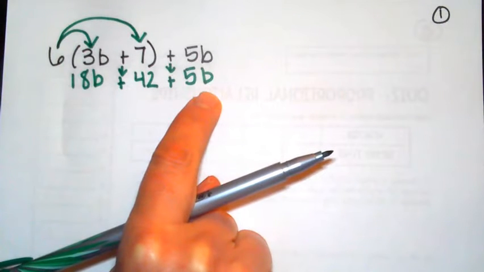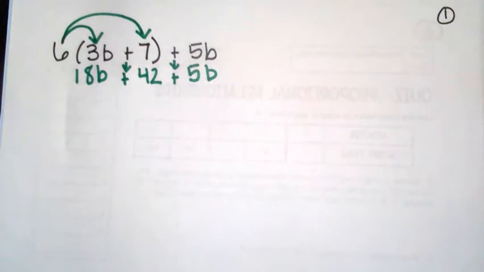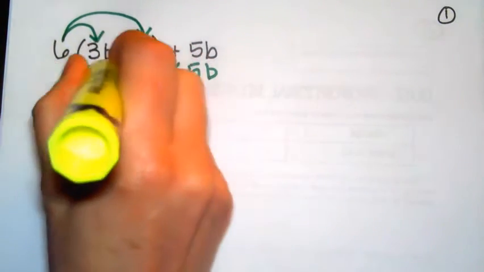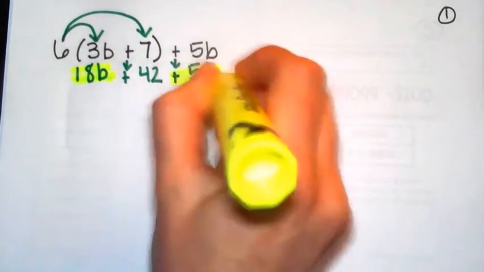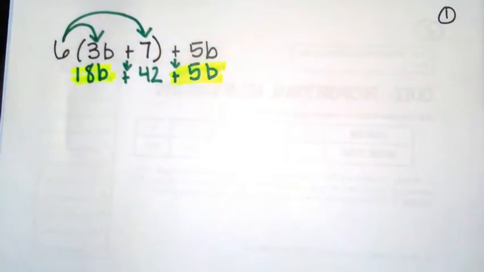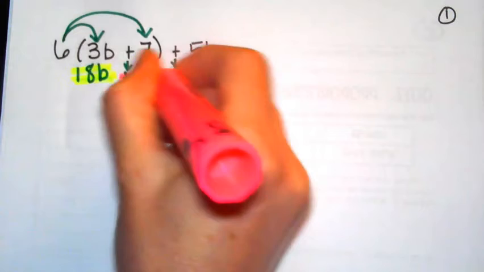This looks like what we were doing in the beginning of the unit, just combining like terms in an expression. If I was going to highlight my b terms, here's 18b. This plus goes with the 5b. The symbol, the plus or minus, always goes with the number after it. And this is just a plus 42. It's a constant.